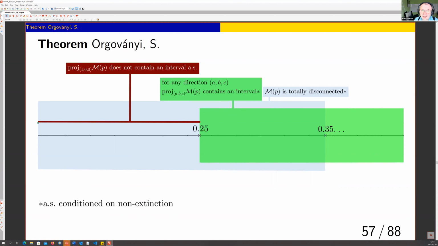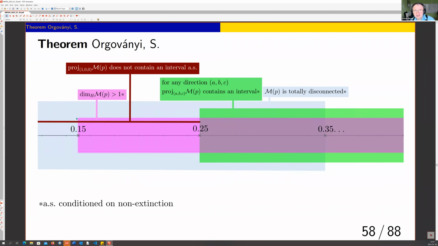Now, this is just an obvious statement that if the probability is less than 1/4, then when you project to the coordinate axis, then you do not have intervals. Now, here is an interesting statement. If the probability is bigger than 0.15, maybe there are some more digits, I forgot, but nevertheless, approximately 0.15, then the Hausdorff dimension is bigger than 1 conditioned on non-extinction. So have a look at this interval between 0.15 and 0.25.